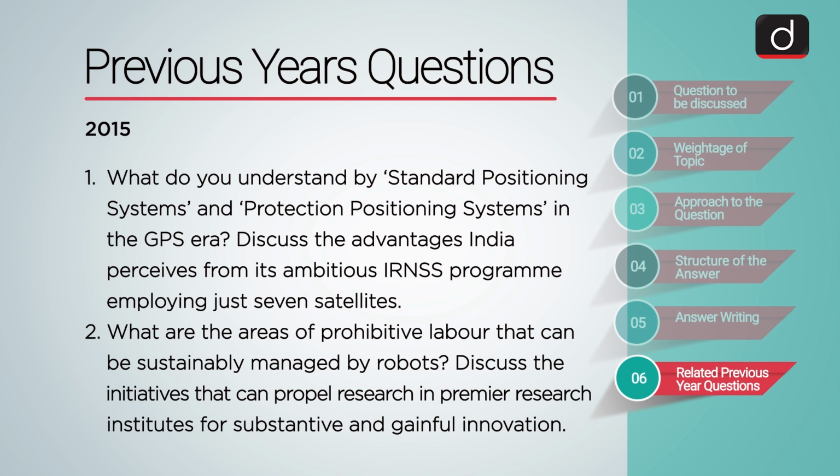Discuss the advantages India perceives from its ambitious IRNSS program, employing just 7 satellites. What are the areas of prohibitive labor that can be sustainably managed by robots? Discuss the initiatives that can propel research in premier research institutes for substantive and gainful innovation.